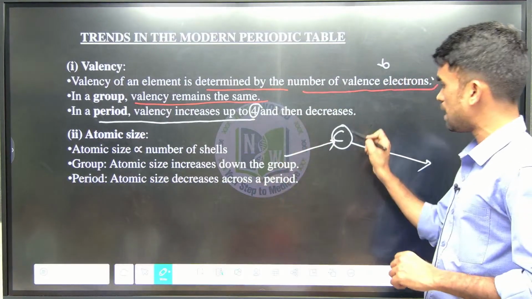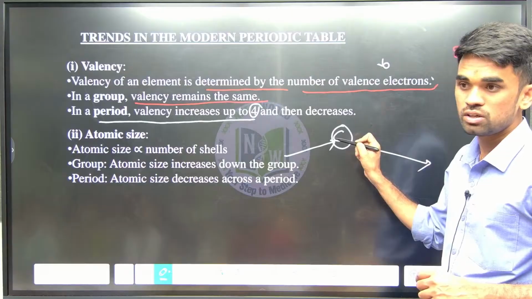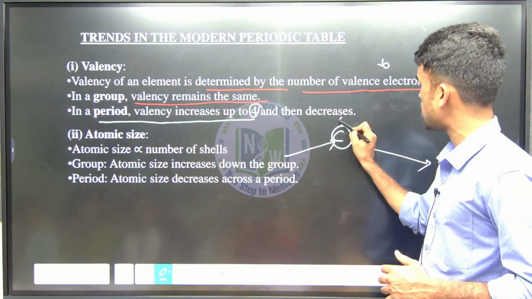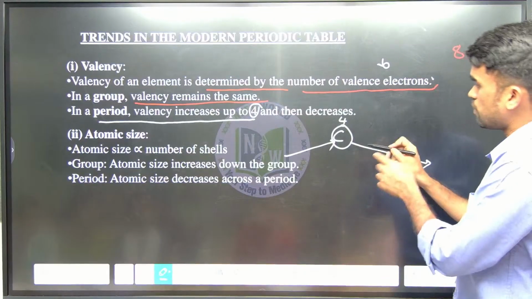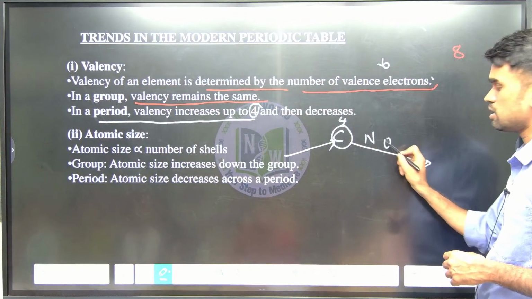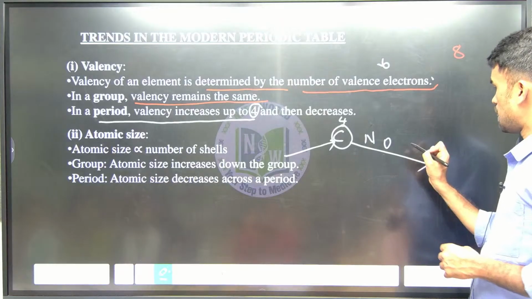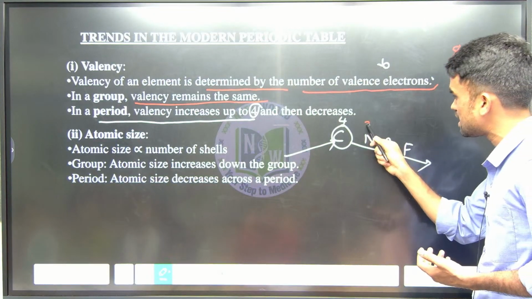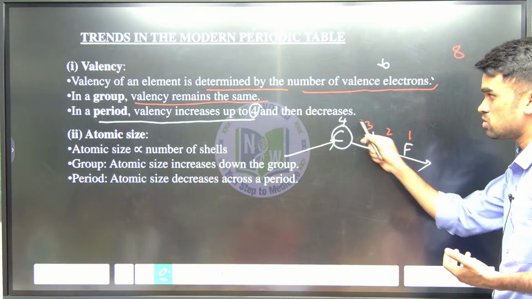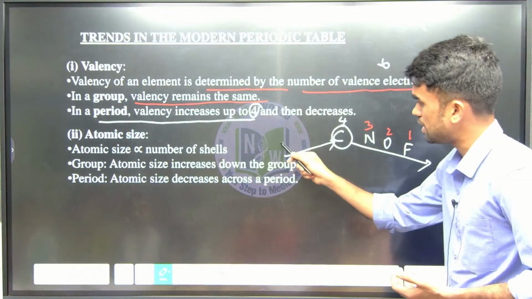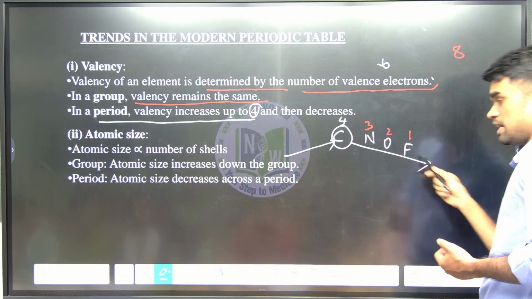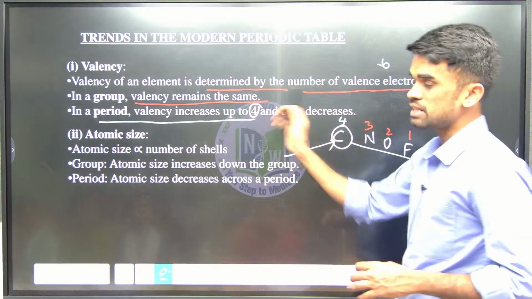So the combining capacity of carbon family is 4, which means its valency is 4. Now from nitrogen, oxygen, and next fluorine, it is 3, 2, 1. So it is decreasing. From 1, 2 it goes up to 4, then again decreases. That is what the line says here.